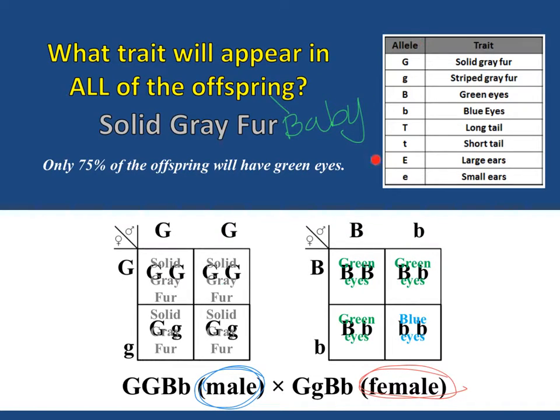So if you look here at the table at the top, big G is solid gray fur. So I already wrote down solid gray fur in each of those boxes. So all of the babies will have solid gray fur. Now over here, 3 babies will have green eyes, but there's 1 little baby that will have blue. So the answer to this question here is solid gray fur.